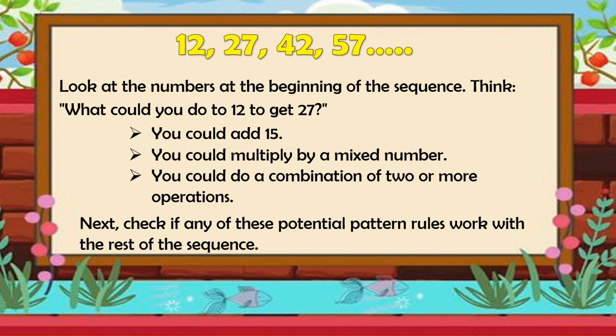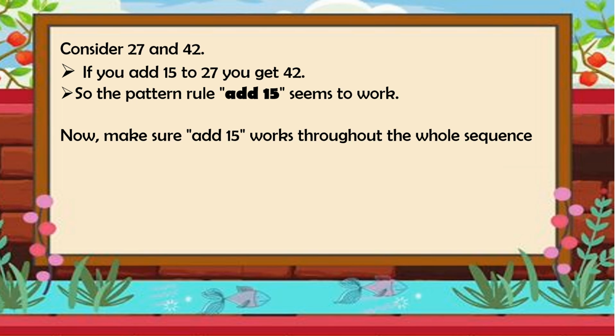Next, check if any of these potential pattern rules works with the rest of the sequence. Consider 27 and 42. If you add 15 to 27, you will get 42. So the pattern rule add 15 seems to work. Now make sure that add 15 works throughout the whole sequence.